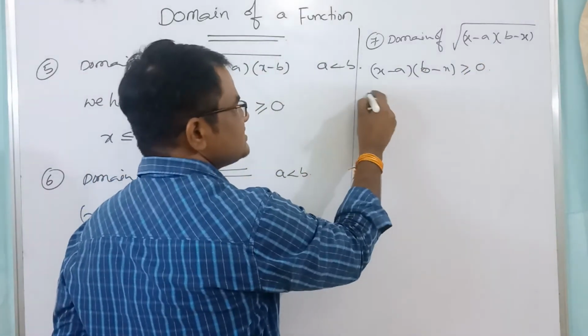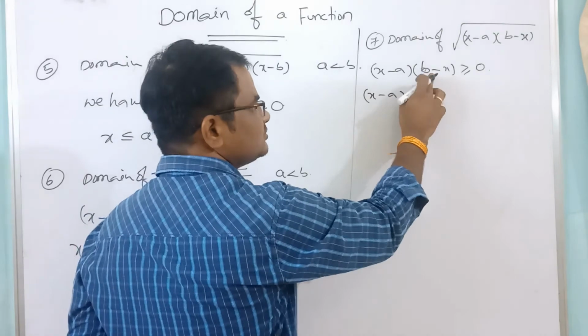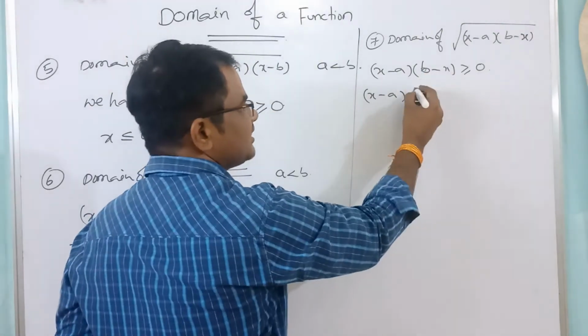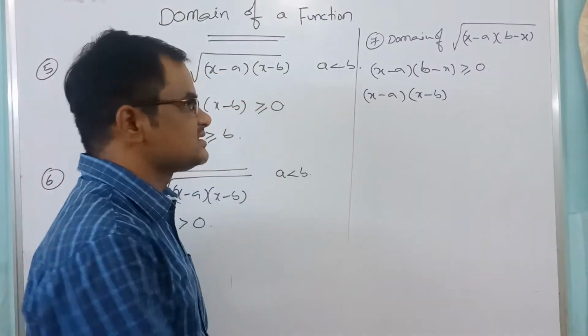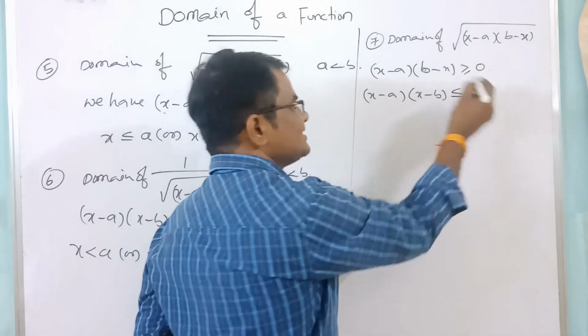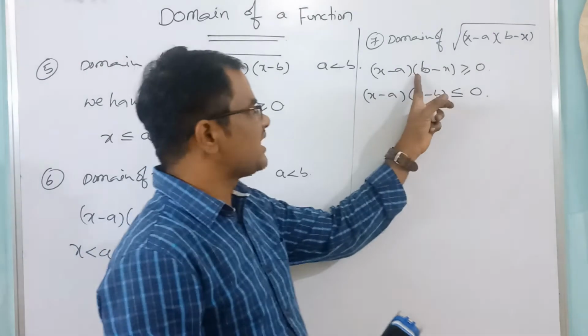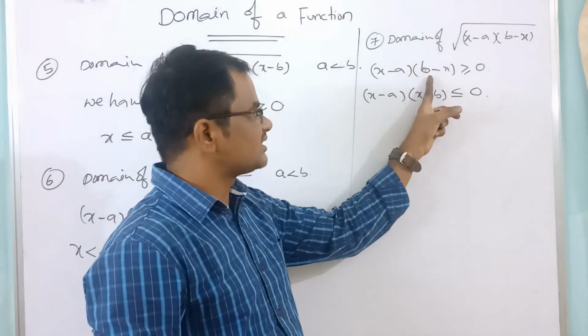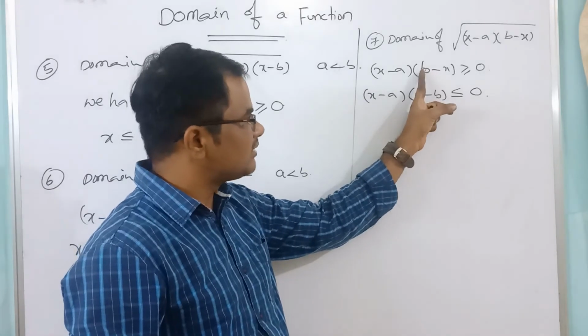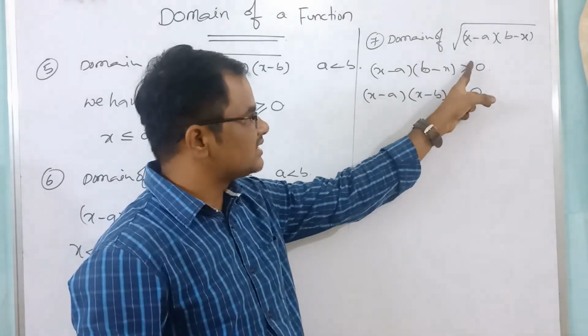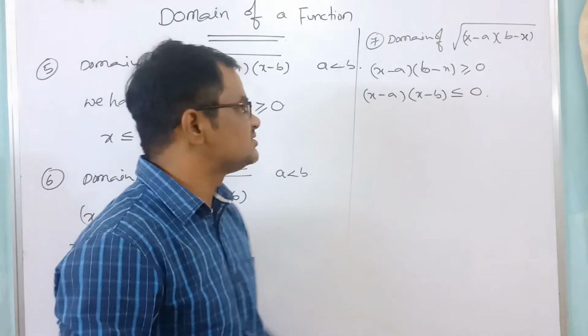Here x minus a is there, and here also take x minus b by multiplying with minus, x minus b. Whenever multiplying with minus, this greater than or equal to becomes less than or equal to. So x minus a as it is, and if you multiply the minus with the second factor, x minus b, greater than or equal to becomes less than or equal to 0.